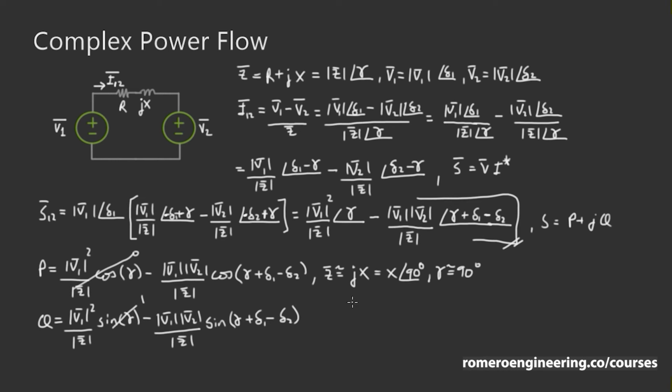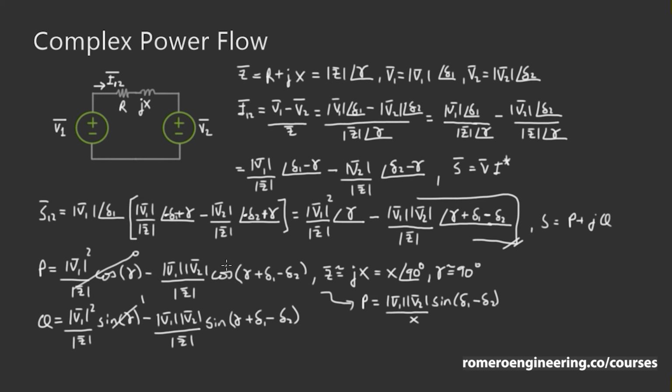So now from there we can say, I'm just going to write it down over here, that P is going to be equal to V1, V2, sine of delta 1 minus delta 2 over x. And so what I did here is I took the fact that I have here minus cosine, and then I'm plugging in 90 degrees for here.